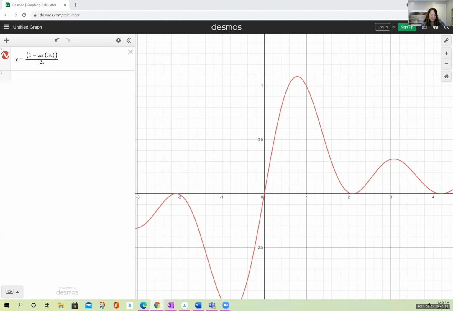Like I just said, I graphed the function on Desmos, and we should see what we just found algebraically using those manipulations: as x is approaching 0 from the left-hand side, our y value is approaching 0. And as x is approaching 0 from the right-hand side, the y value is also approaching 0. Because of that, the limit itself is equal to 0, because left and right are the same.